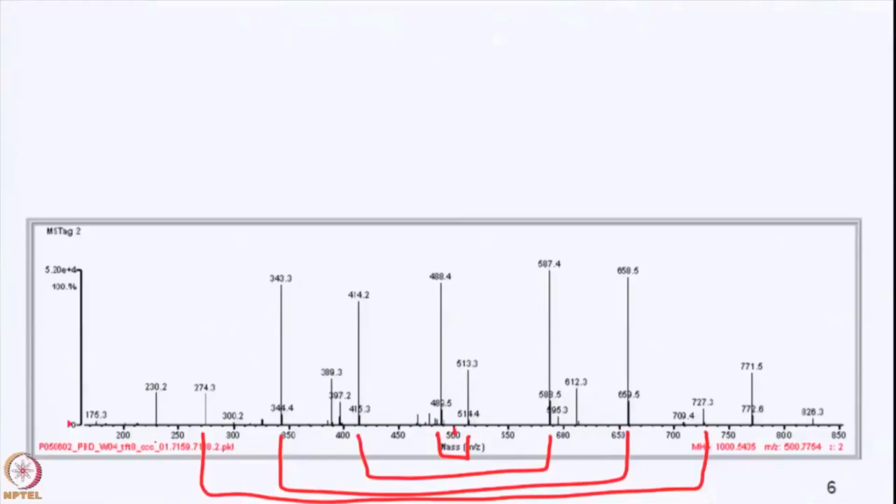And then there's probably a couple others in here. So 230 going all the way to 771. You can see there's lots of symmetry present.